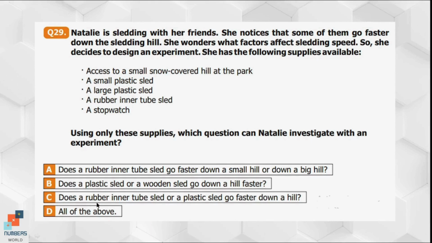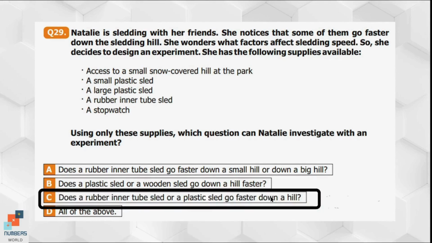C. Does a rubber inner tube sled or a plastic sled go faster down a hill? So option C will be the correct option, because we can see there is a small plastic sled, a large plastic sled, and a rubber inner tube sled. So she can compare these two, this option C. So she can test the question given in option C.